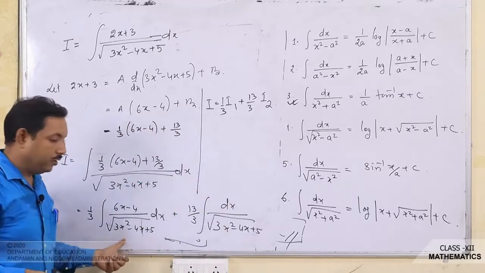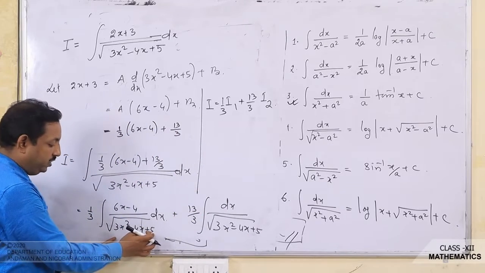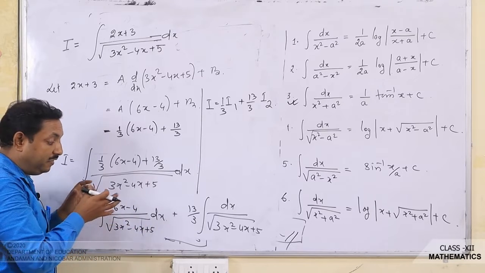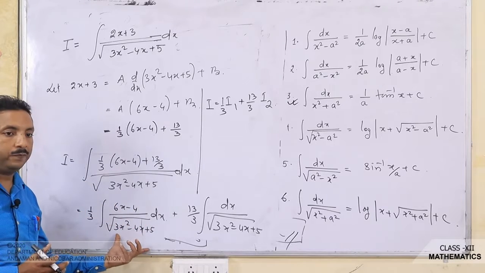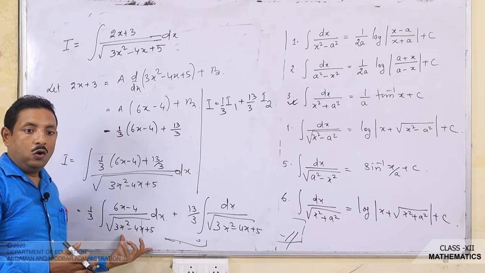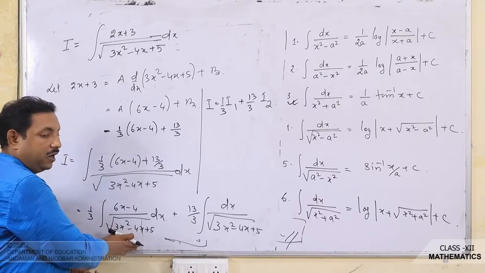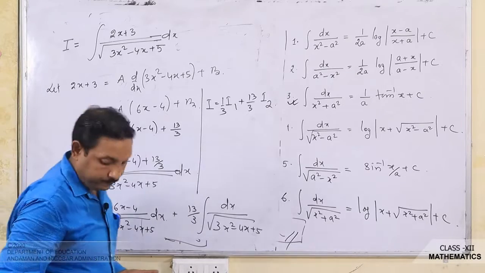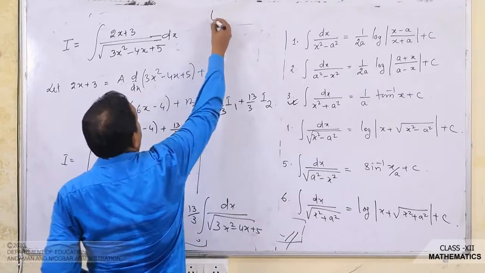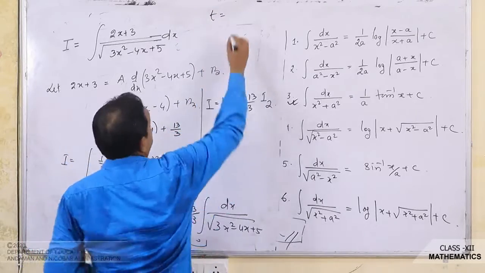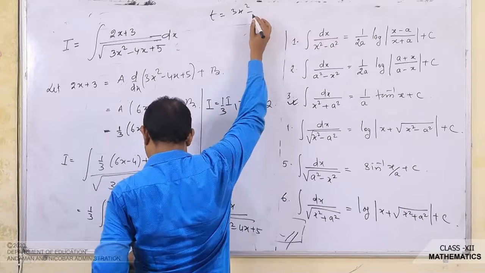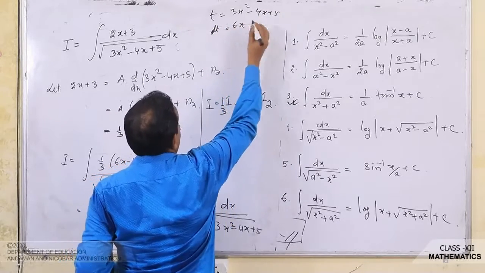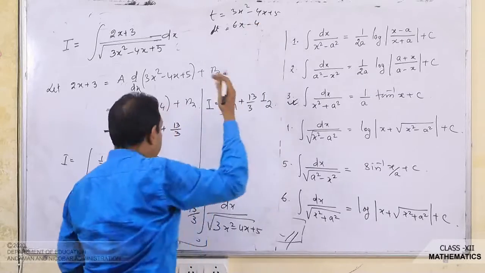So, I1, now look here, if you assume this as t, the derivative of t will be this one, that in this form we have adjusted this one. So, directly or by substituting you can write the answer of this one. If you put t equal to 3x square minus 4x plus 5, then your dt will be 6x minus 4 and that is the numerator.